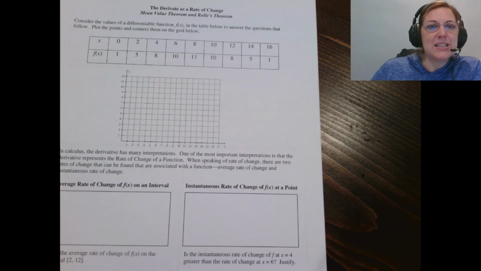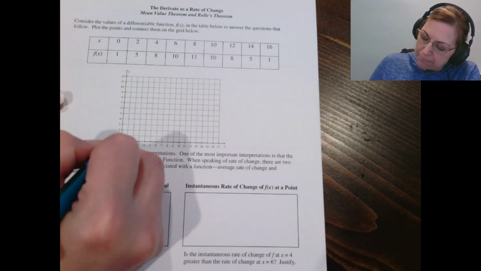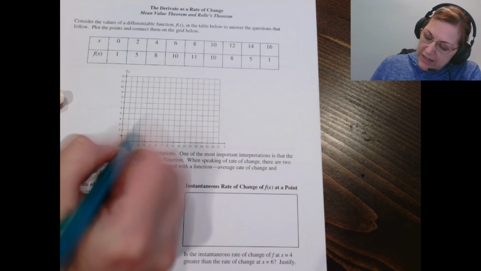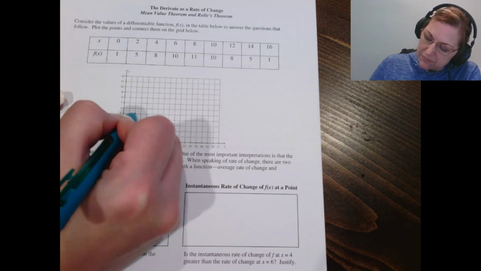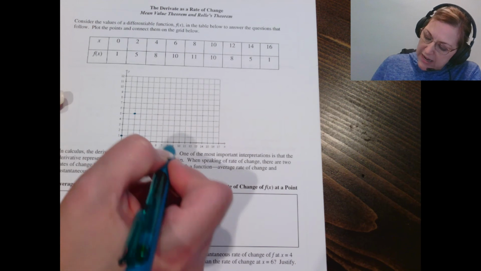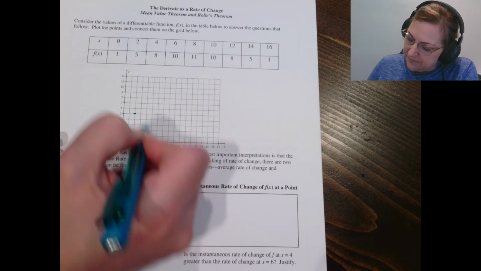We're being asked to plot these points for the function and then connect them. So let's just take a minute. We'll plot each of the values here. Let's see, 4 and 8.